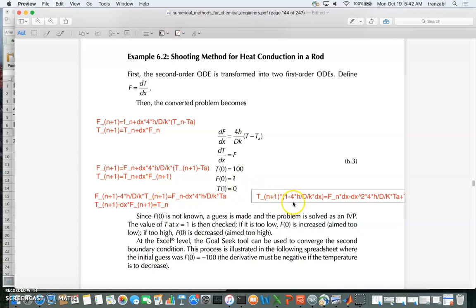So here's my tn plus 1. And after I solve tn plus 1, I can put it in here and then solve for fn plus 1. Okay, fn plus 1 is tn plus 1 minus tn divided by dx, and that gives me fn plus 1. So first off, I go ahead and do tn plus 1.